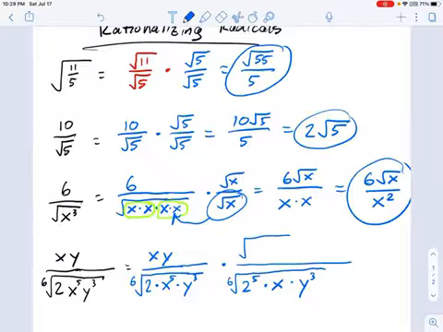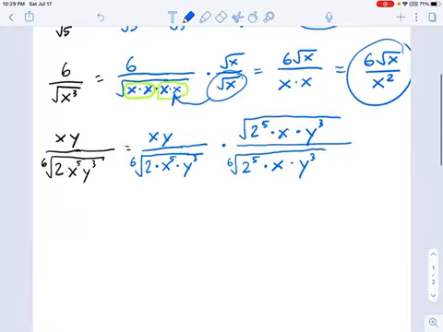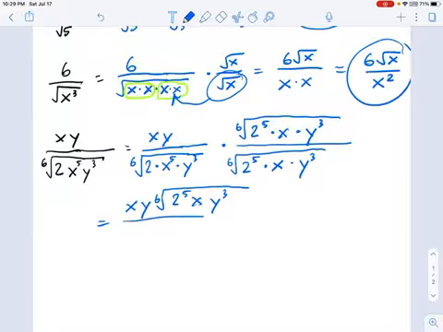And whatever you do on the bottom, you have to do on the top also, because this is, after all, just equal to 1 right here. This thing we're introducing. So what does this become? We're going to have to take another line here. This becomes xy times the 6th root of 2 to the 5th x y cubed, forgot the root earlier, divided by the 6th root of 2 to the 6th power, that's just 2.